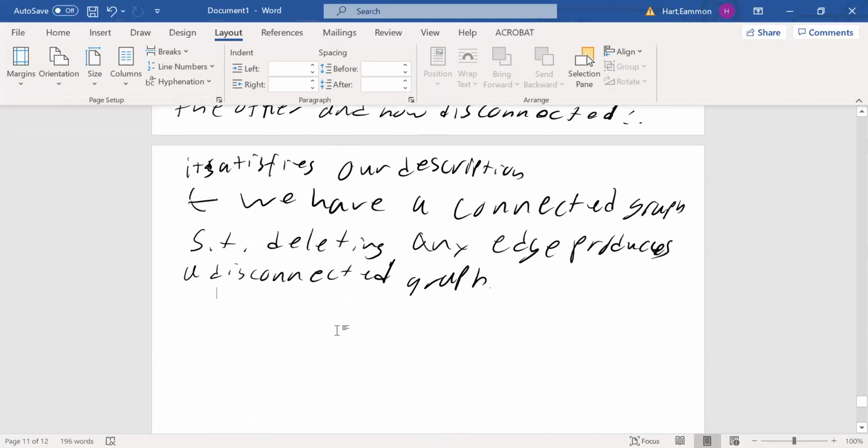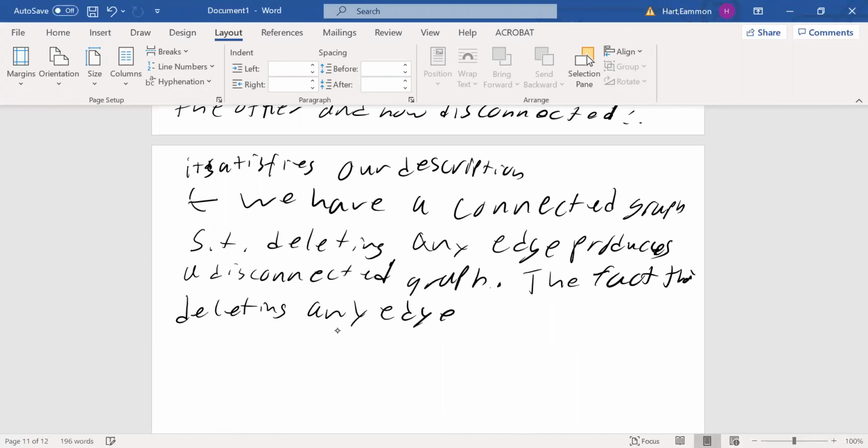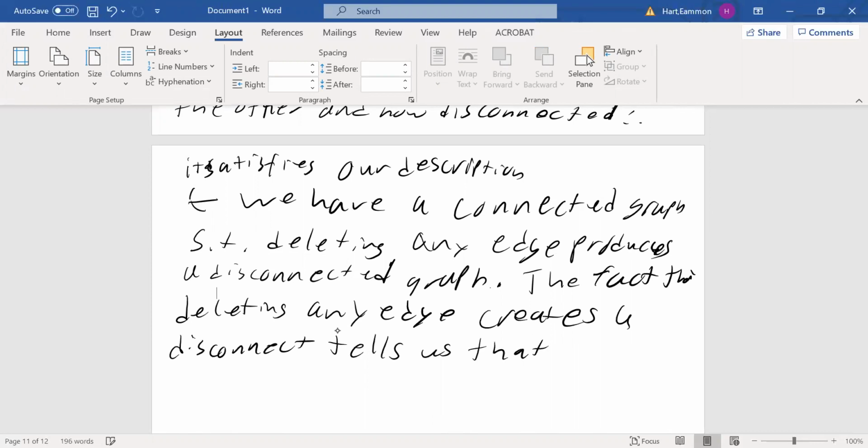Or the fact that deleting any edge creates a disconnect tells us that there is only one path.